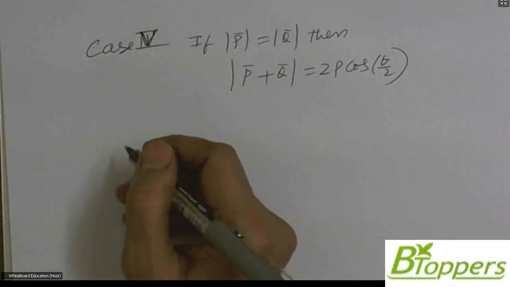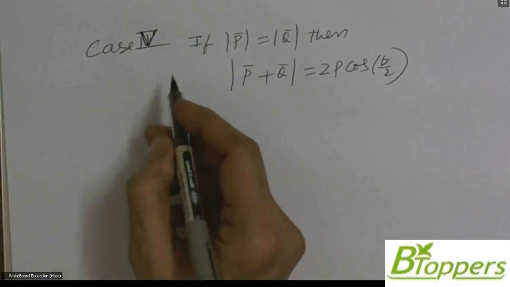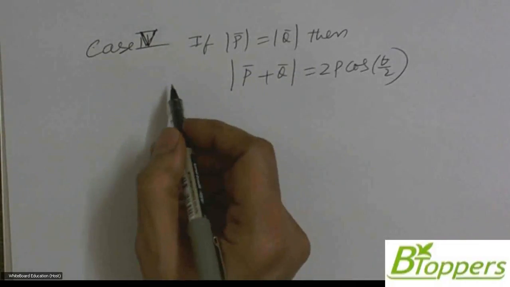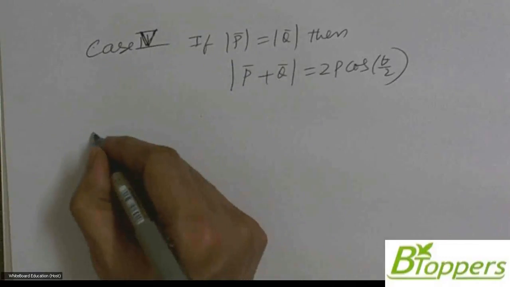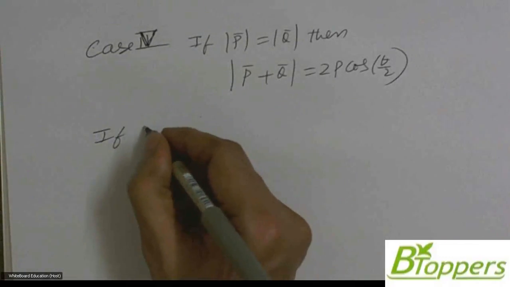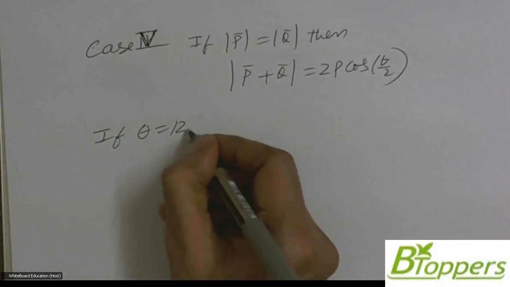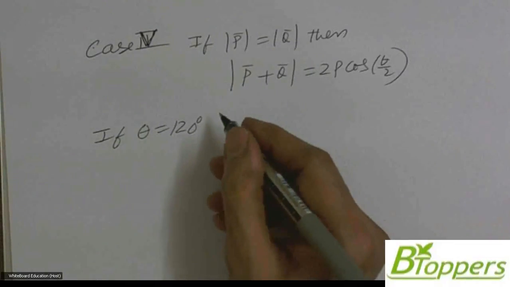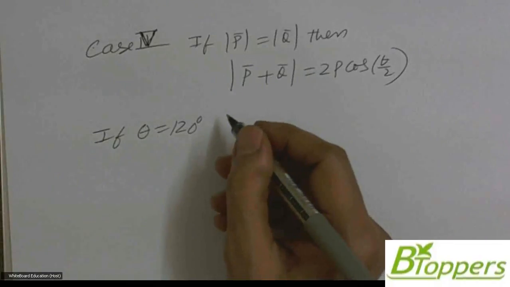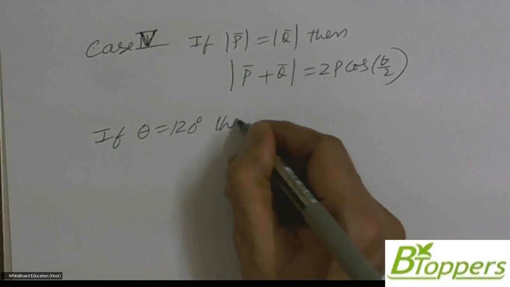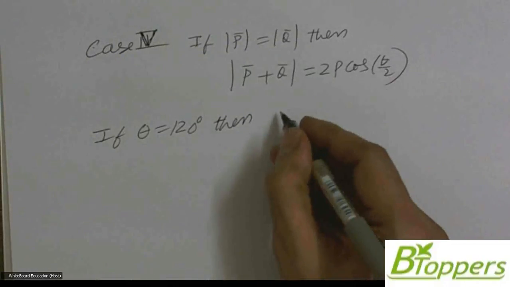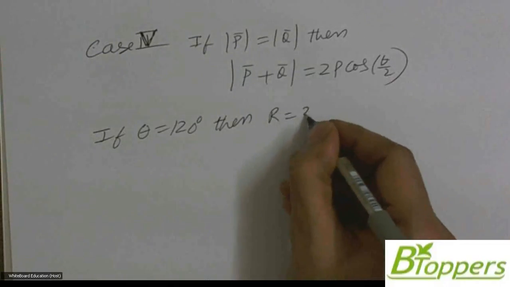So now I am considering a case not different from the previous case, it comes under the previous case. Suppose theta is 120 degrees, that means the two vectors p bar and q bar which have same magnitude are inclined to each other at an angle of 120 degrees. Then we can substitute theta equal 120 degrees on the right hand side.